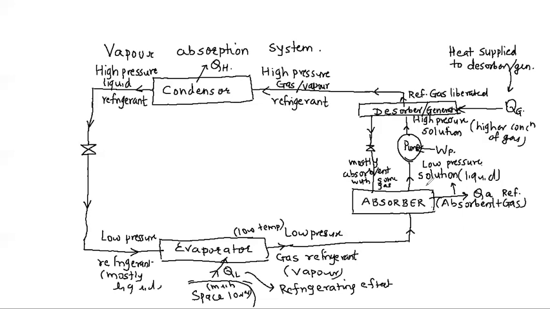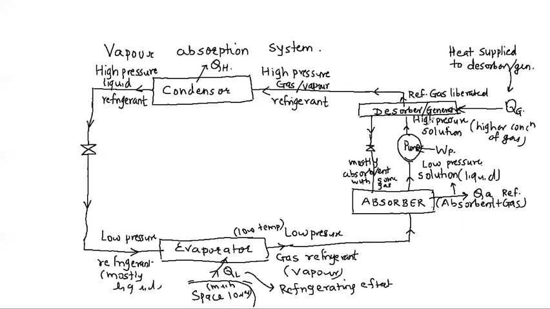This low pressure solution is pumped to a high pressure solution using the electricity supplied to the pump, that is the work, or high grade energy. This high pressure solution has more refrigerant compared to the low pressure solution.